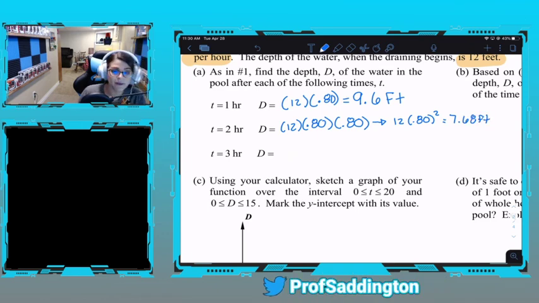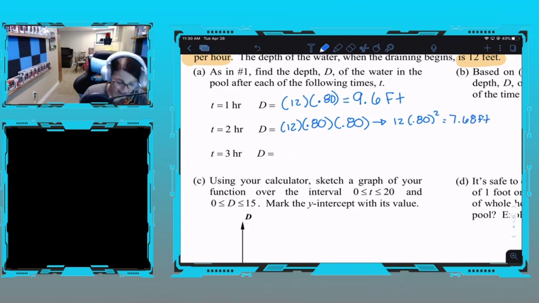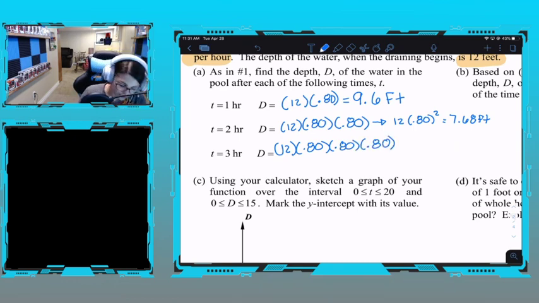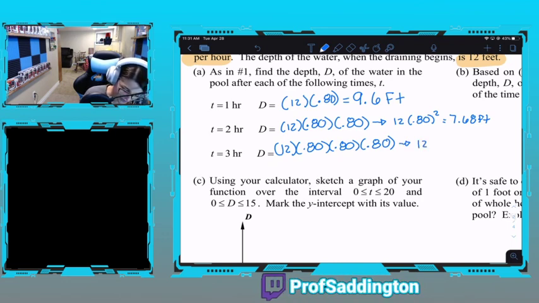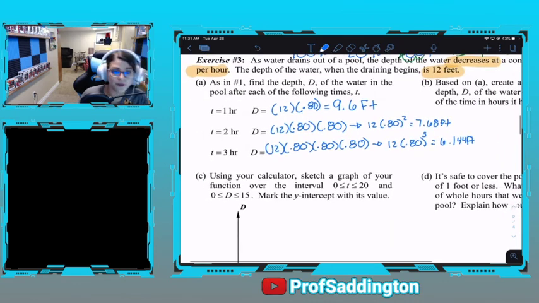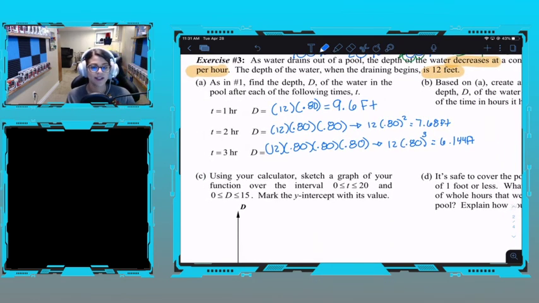And then for after 3 hours, I would really do 12 times 0.80 times 0.80, and then decrease it by another 0.80, which is super annoying to write. So we're just going to write it as 12 times 0.80 cubed, and that's going to give us 6.144 feet.